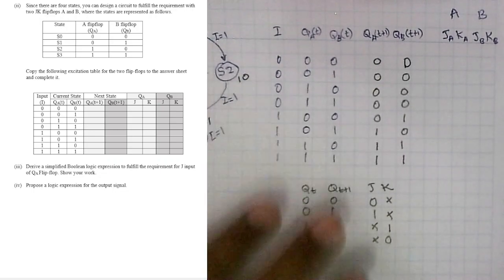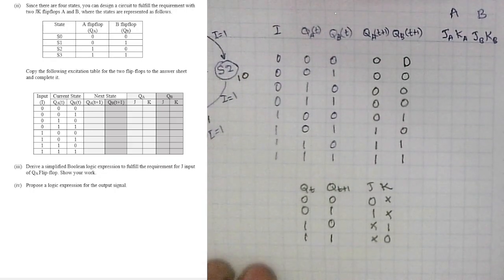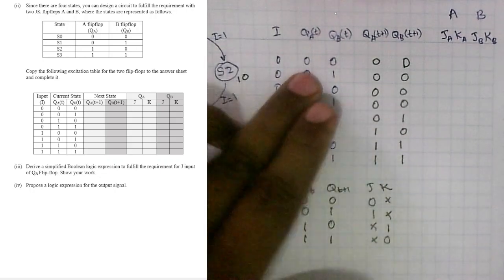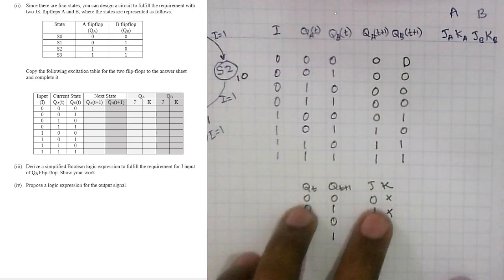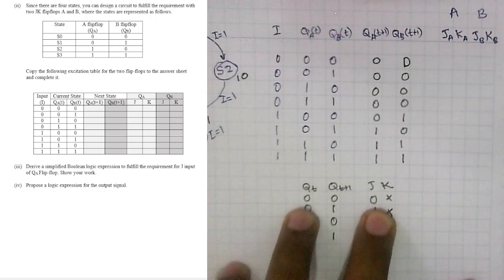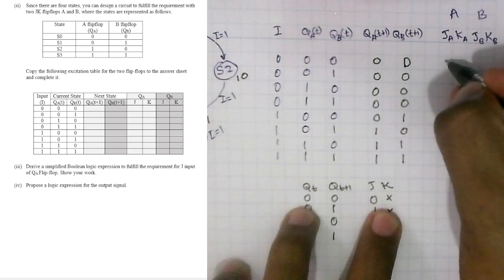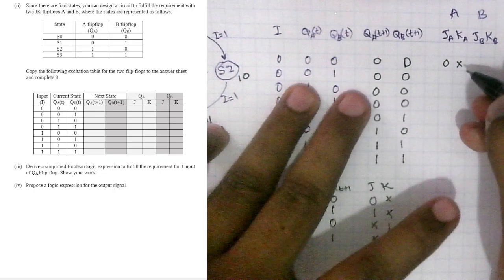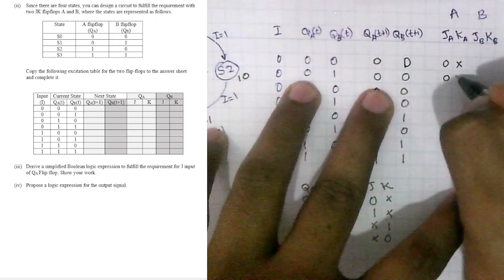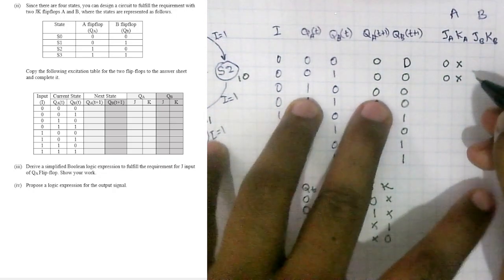Using this, now I can complete each of these transitions. So let me show how to do that. Now A is going from 0 to 0, right? If it is 0 to 0, we are using this one, so J is going to be 0, K does not matter. How about A going from 0 to 0? It's the same. How about A going from 1 to 0?